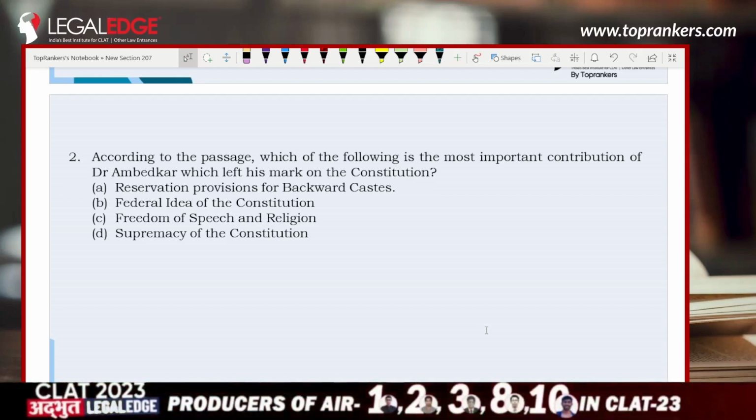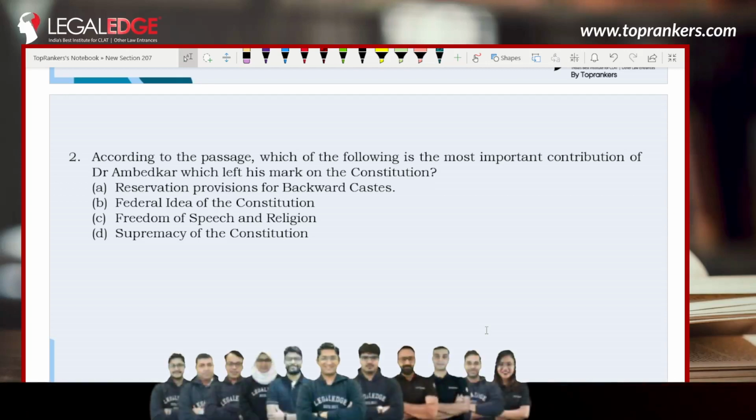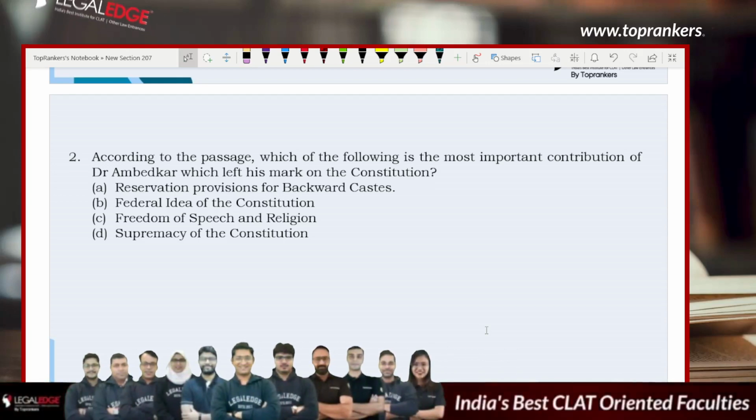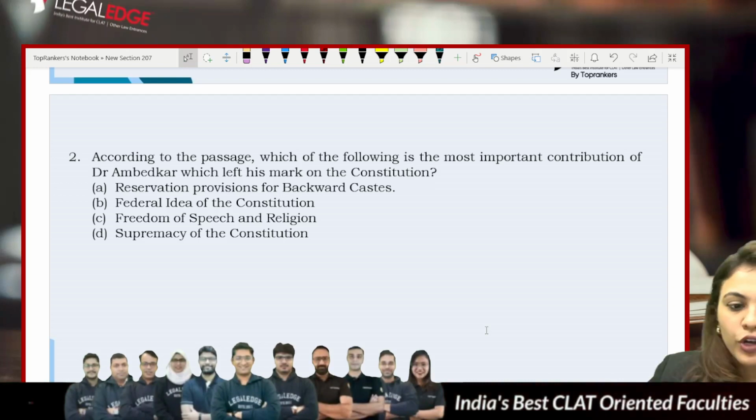In case you come across some difficult words while reading these passages, please put it in the chat box so that we can discuss its meaning. Moving on to the third question.